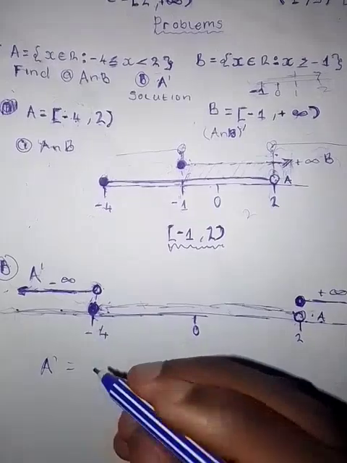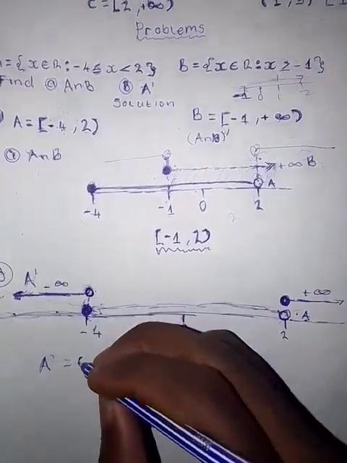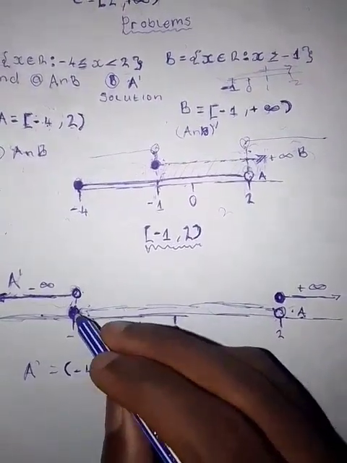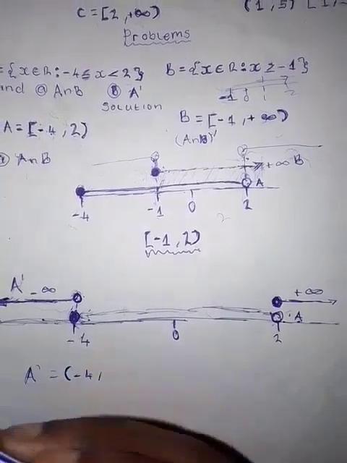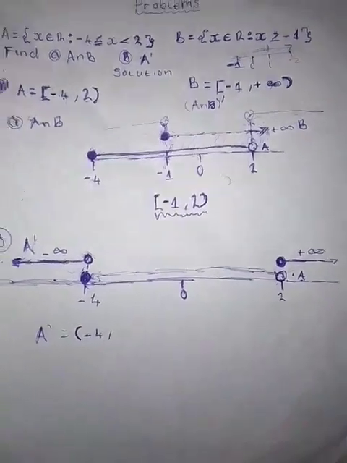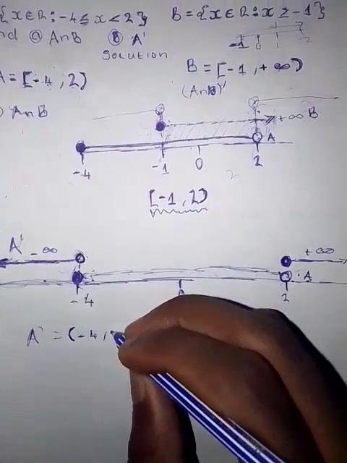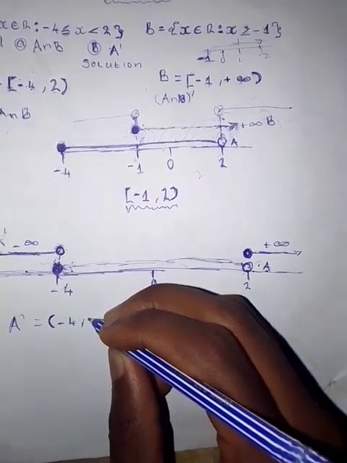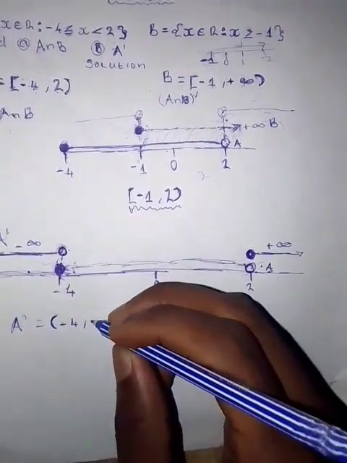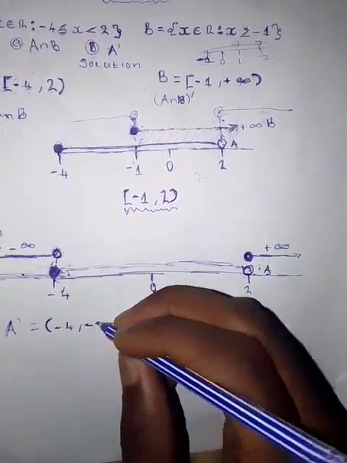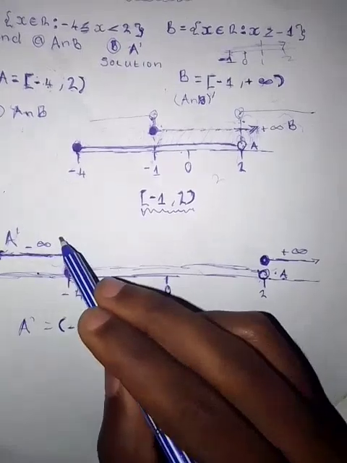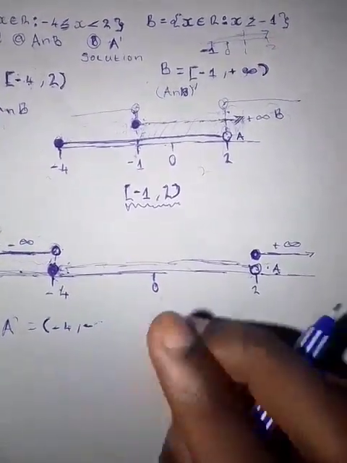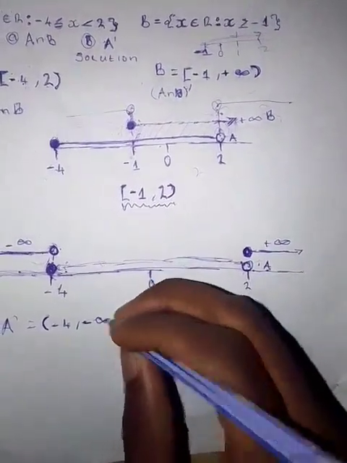It is not shaded, so you're simply going to say -4, comma, where are we ending? We don't know, we are going to infinity, so it is not part of the set, and we are still going to use the same parenthesis. Make sure you put the negative so that the lecturer knows you're talking about this side. If you just write infinity without the sign, it means you're talking about the positive side.